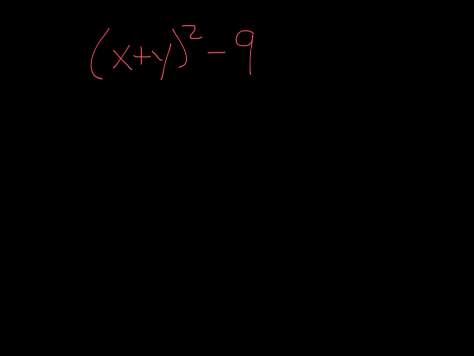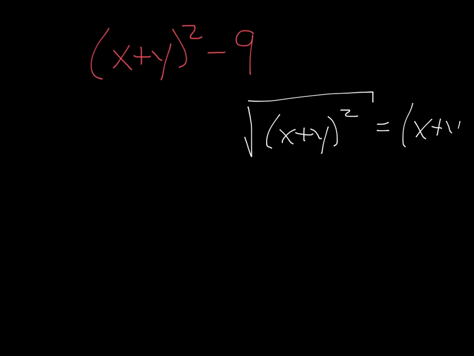Once you identify this as a difference of squares, the process is identical to any other difference of squares problem. You're going to take the square root of both of the terms. And again, when you take the square root of the quantity x plus y squared, you're just left with the base of x plus y. And I would leave it in parentheses for this kind of problem.